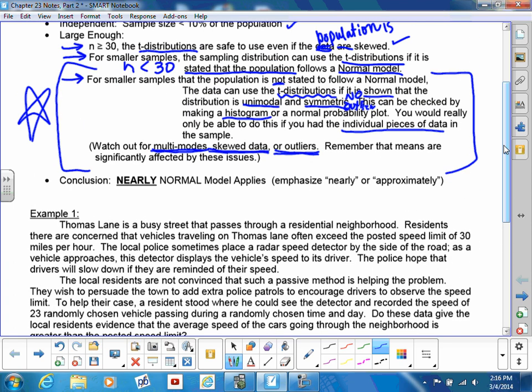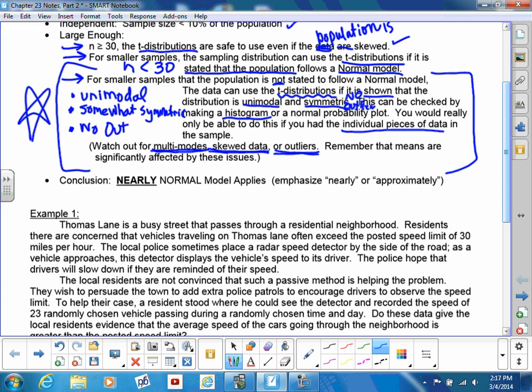Okay, so upon drawing a histogram, next to it you say it is unimodal. You have to consciously write this down so that your grader or reader is aware that you have checked this situation. It's somewhat symmetric, and no outliers.